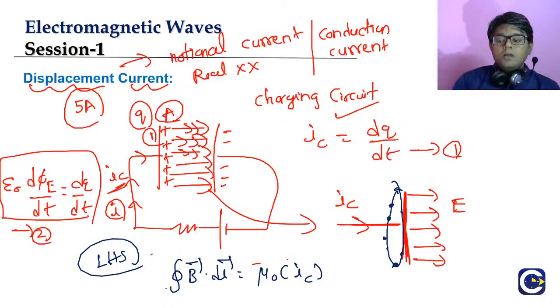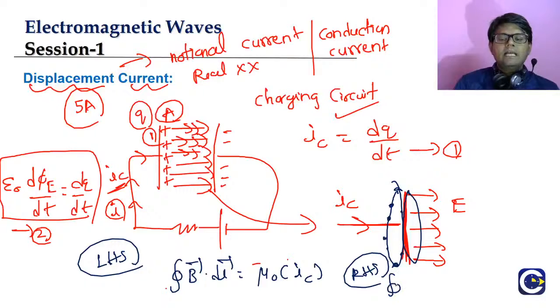Now we will take a loop which again matches the boundary of the capacitor plate, just on the right hand side. If we apply the Ampere loop rule there, we have the same integral B dot dl, which should equal mu naught into I. But is there a current here?